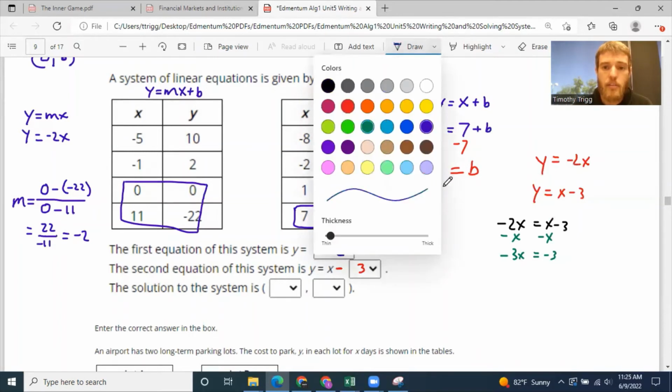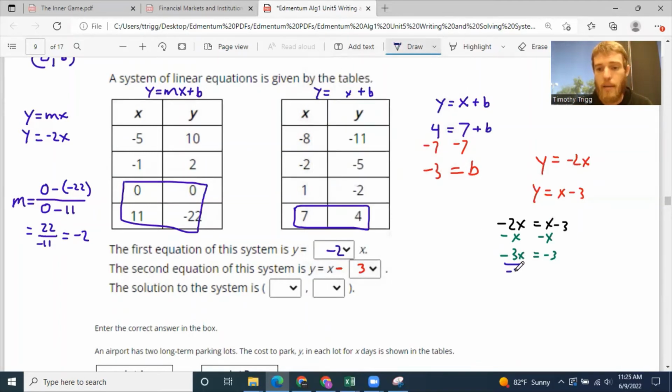Then lastly, to solve for x, we're going to divide by negative 3 on both sides of the equation, giving us the value of x is 1. I'm going to leave it to you to find the value of y, but you could substitute this in to either one of these equations to help you solve for y.